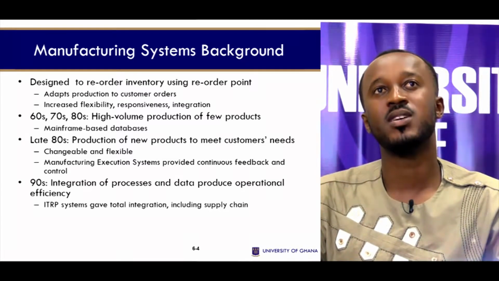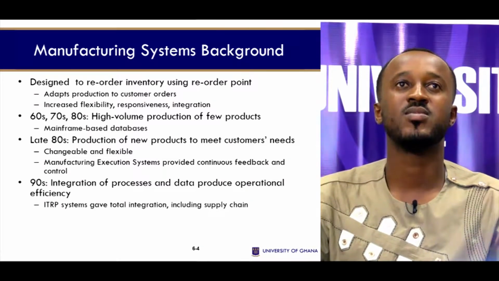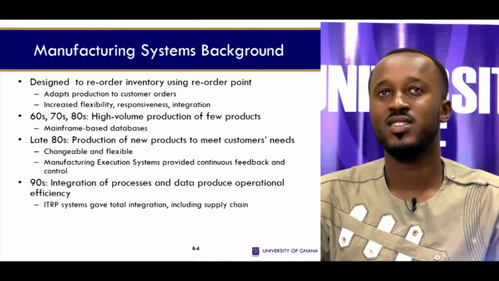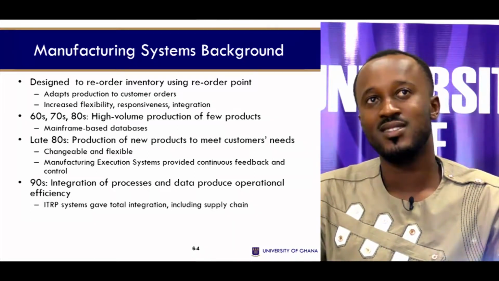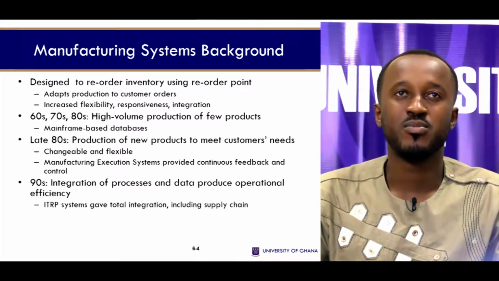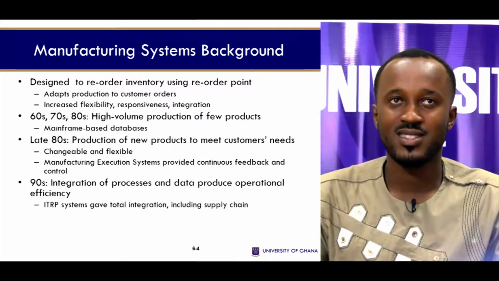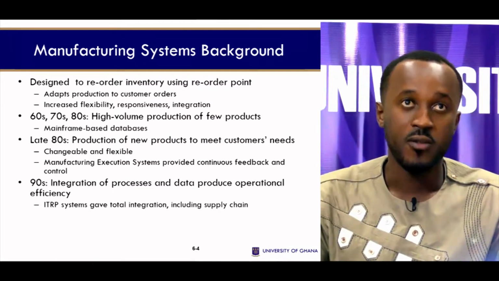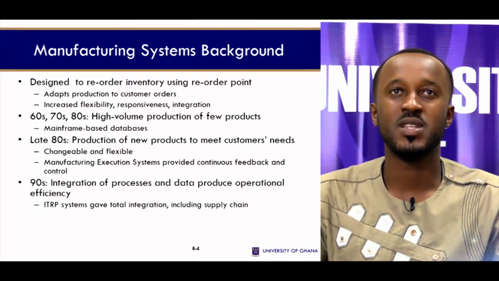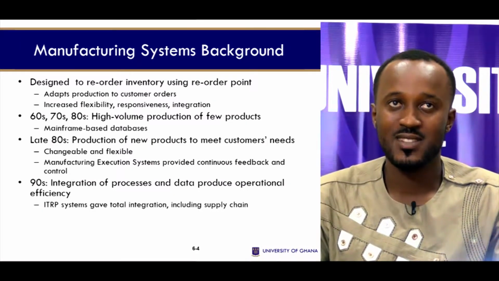So let's give a background into manufacturing systems. This is designed to reorder inventory using reorder points. So these systems adapt production to customer orders. So there's increased flexibility because it is looking specifically at the customer's needs.